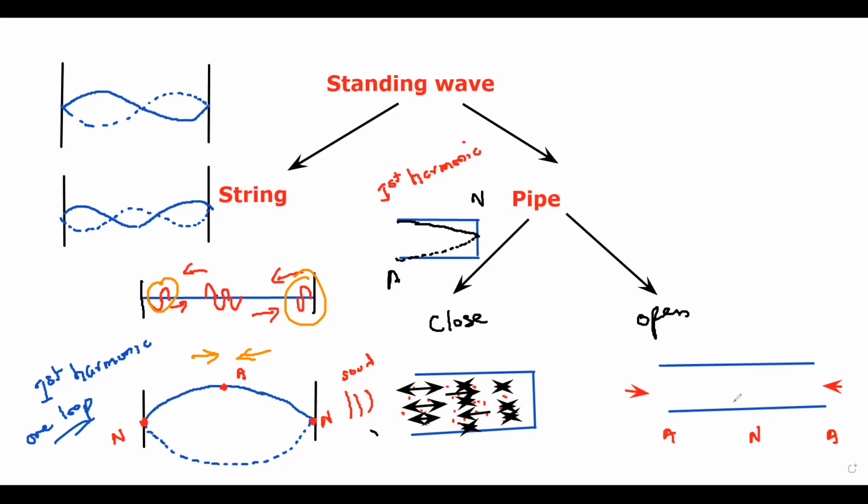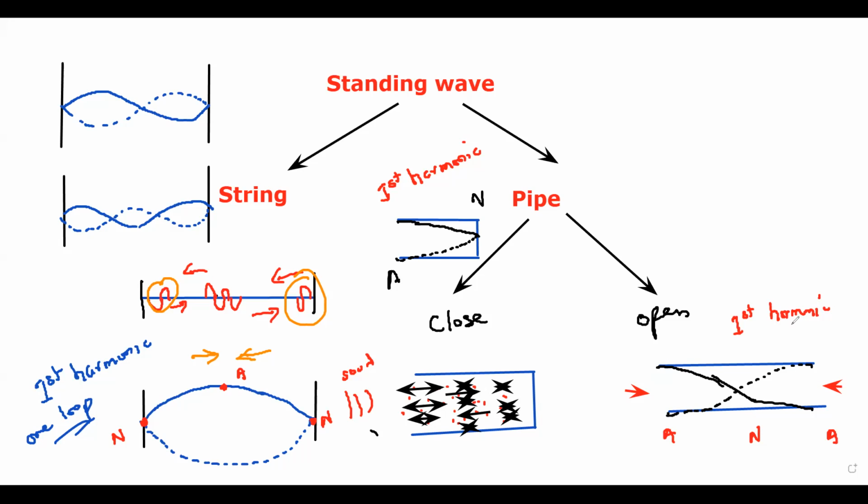When we produce a pattern, antinode means maximum amplitude and node means minimum amplitude. This is the minimum way the vibration can be produced, so we call this the first harmonic.